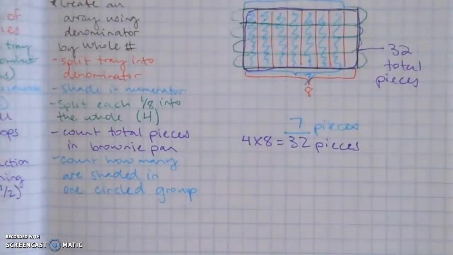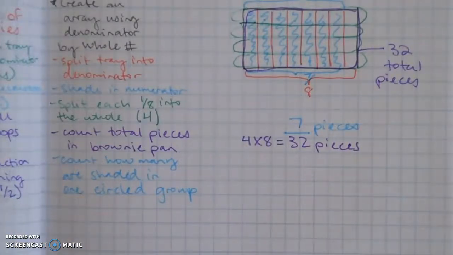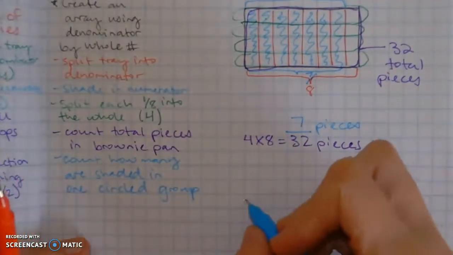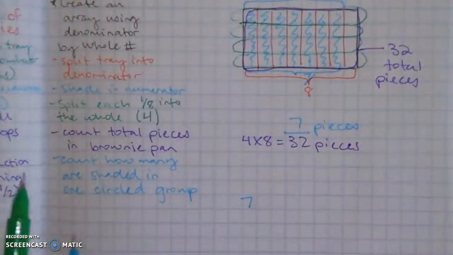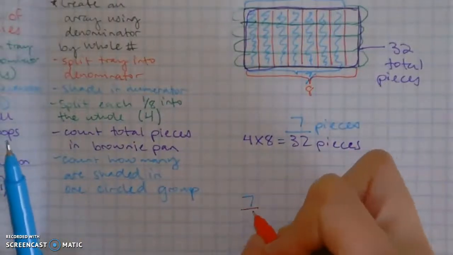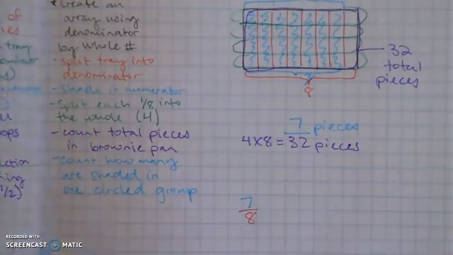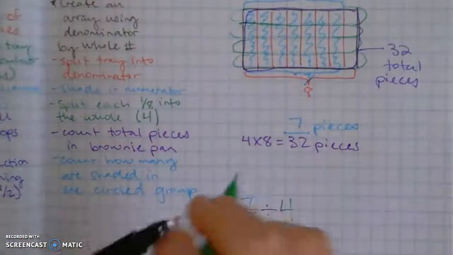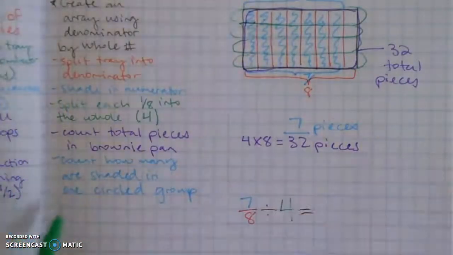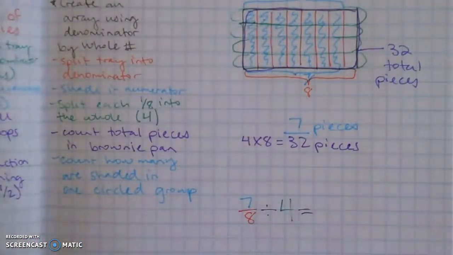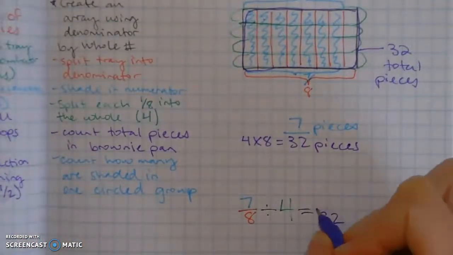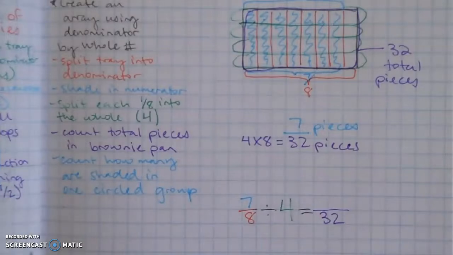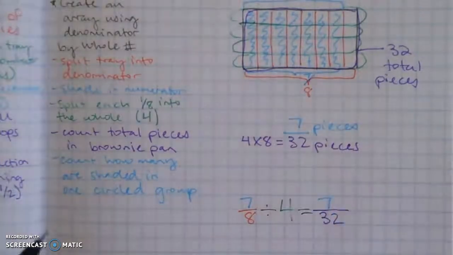So if I write out my full algorithm, this is what it's going to look like. I'm going to do 7/8, and it's divided by 4, and that's going to give me, now I have 32 total pieces, and I have 7 in each piece.